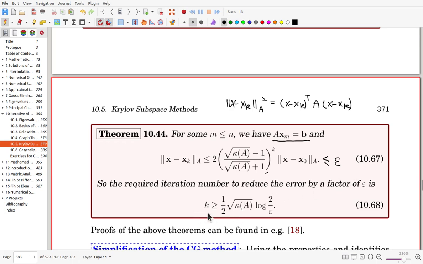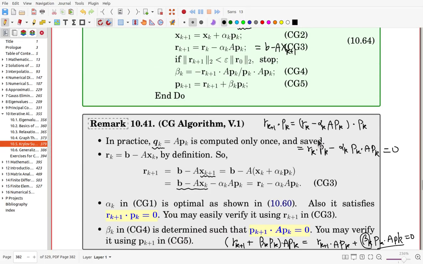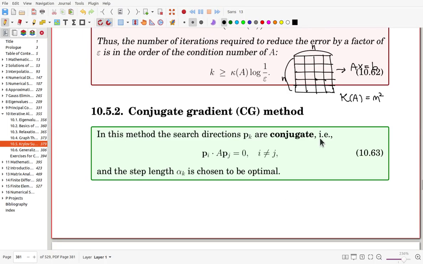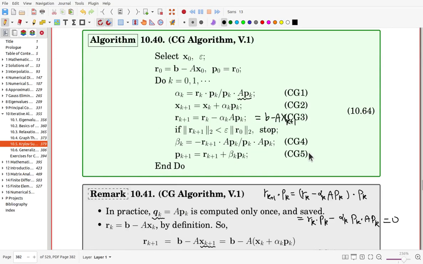So the number of iterations required is of the order of the square root of the condition number. Once we consider the network problem, and n is now 100, then the condition number is about 10,000.